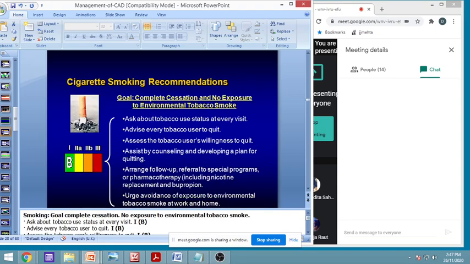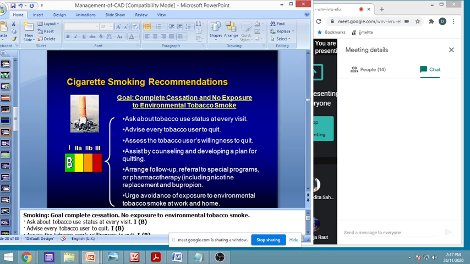So cigarette smoking is very, very important, and effort should be made to make the person quit smoking. Whatever treatment is required can be done for that. There are various ways by which it can be done. There are various pharmacological treatments also available, like nicotine replacement treatment or bupropion.